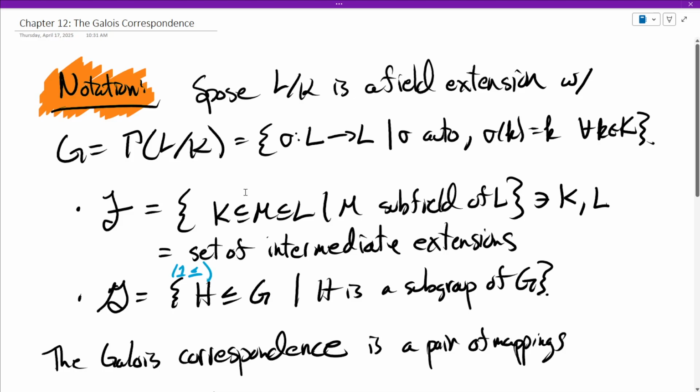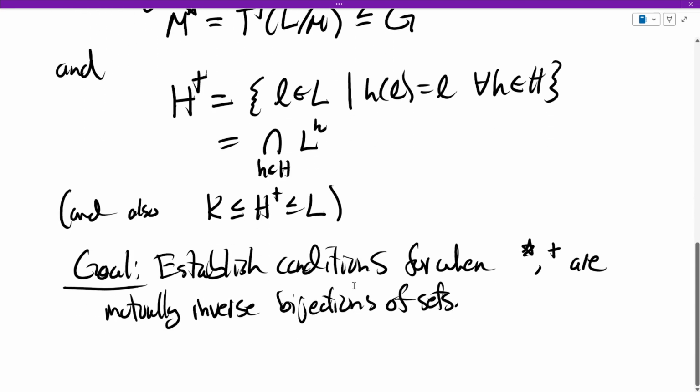We shouldn't, in general, expect them to be bijective, namely that all intermediate extensions correspond to subgroups, but there might be conditions on when this is a bijection, where subgroups are in one-to-one correspondence with intermediate extensions. And that's part of the fundamental theorem of Galois theory. Okay? So we're going to do that in this chapter.